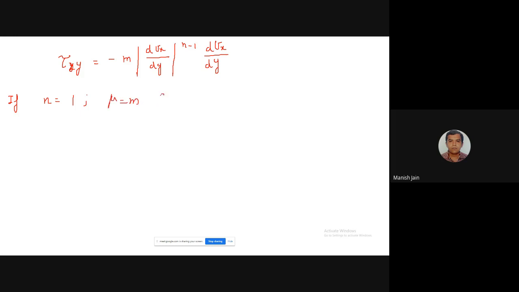Okay, so the fluid will show the Newtonian behavior. Okay, this is the case 1.